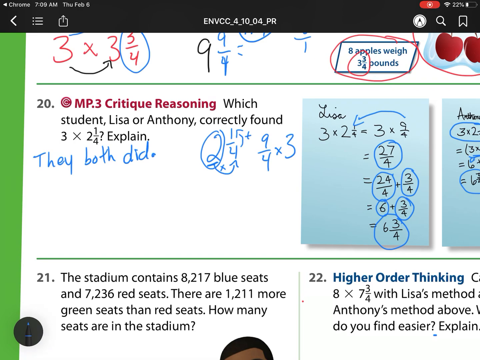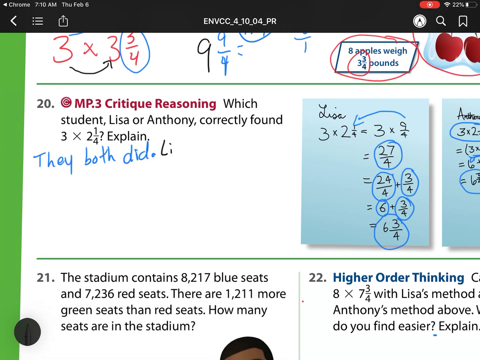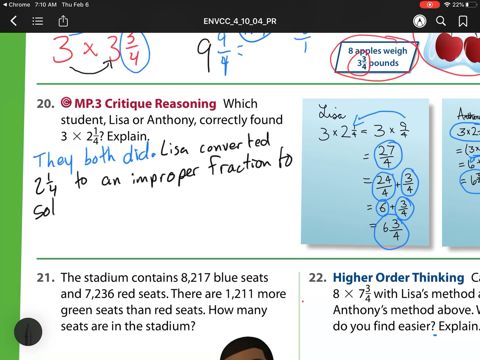And what we need to do is we have to explain. So I'm going to erase this part we had here. And our explanation is that Lisa converted 2 1/4 to an improper fraction to solve, while Anthony used the distributive property.